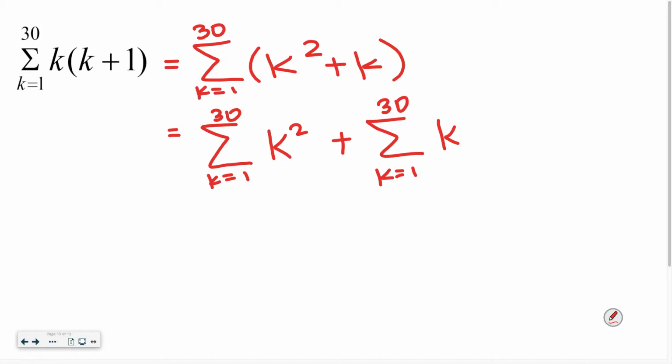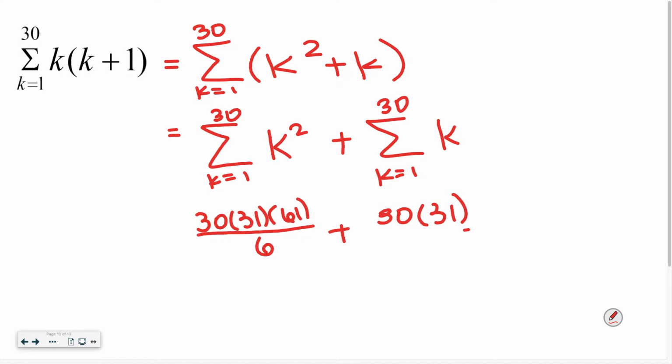So using our shortcuts, we have n times n plus 1 times 2n plus 1 all over 6, and then over here, n times n plus 1 all over 2.